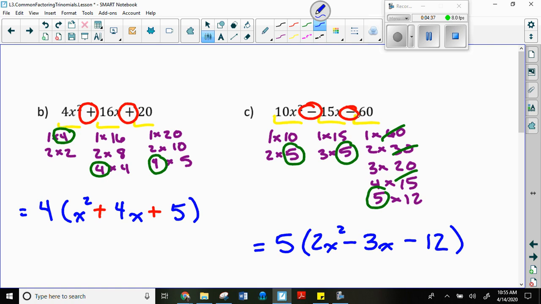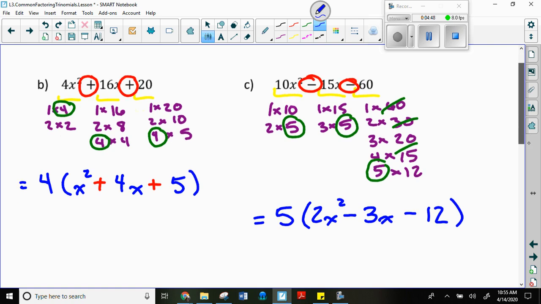Now, because I just took the negatives down, I don't have to worry about these numbers as positives or negatives. I'm just going to deal with it as a 10, a 15, and a 60, and a minus in between them. Okay, try.